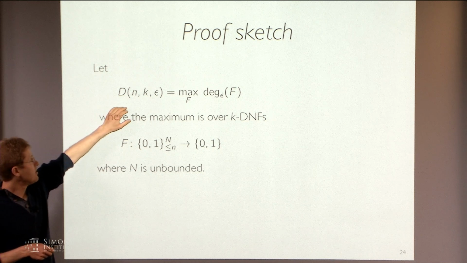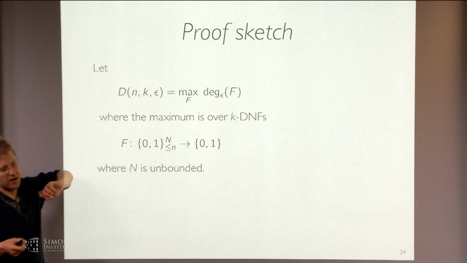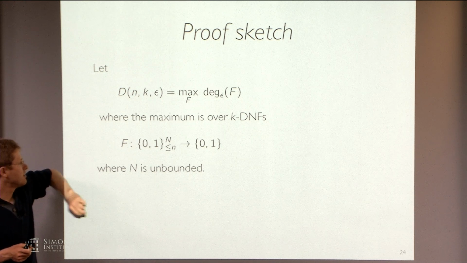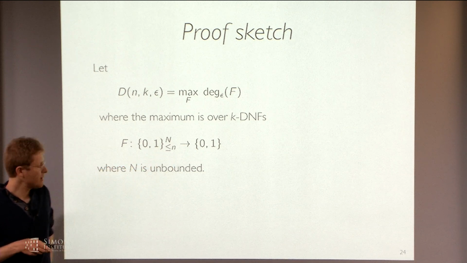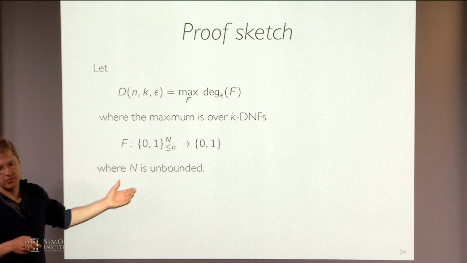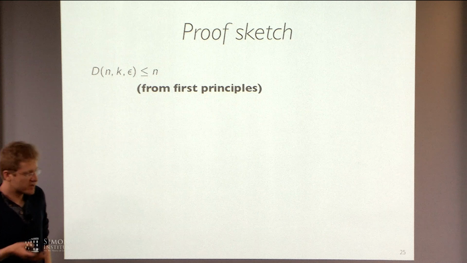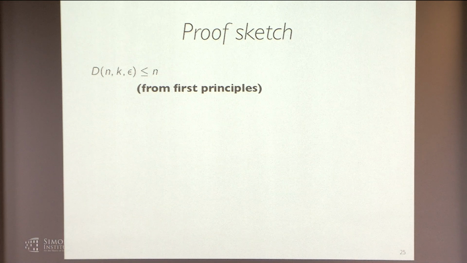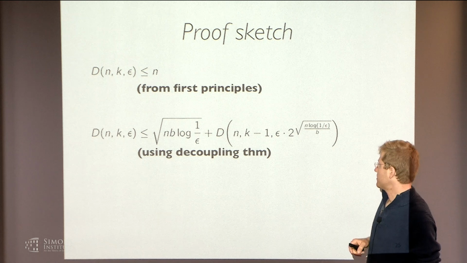Let d(n, k, epsilon) be the maximum epsilon-approximate degree over k-DNFs on an arbitrary domain where the Hamming weight is bounded by n. The number of variables is infinity. Then from first principles, by interpolation, we get this bound. And then using the decoupling theorem, you get this alternate bound.